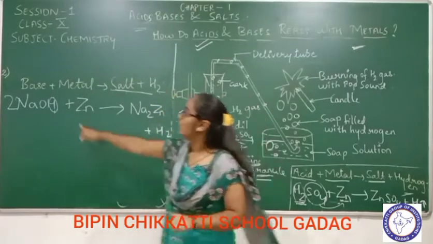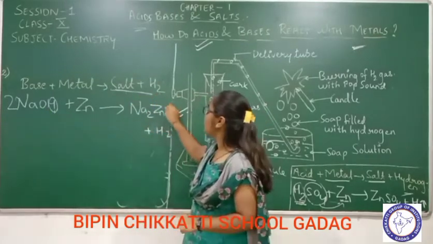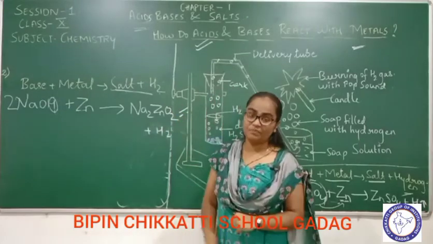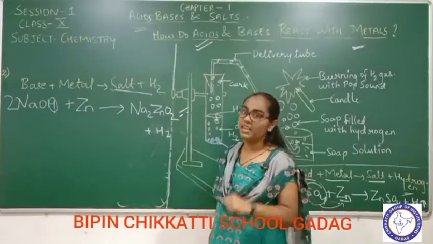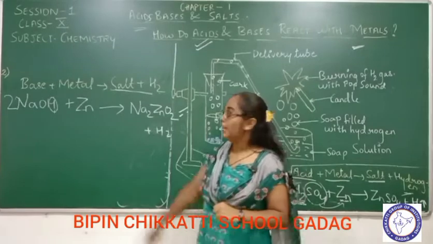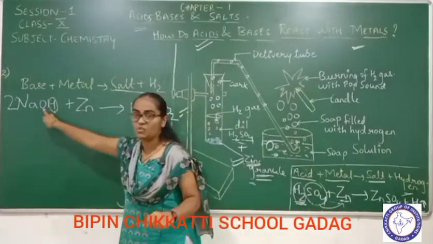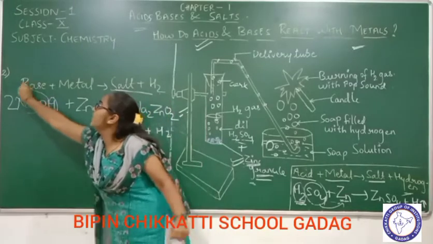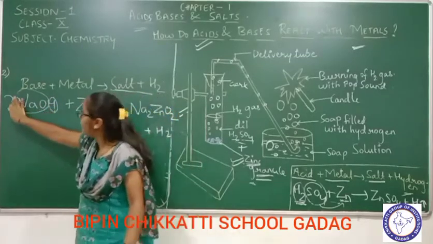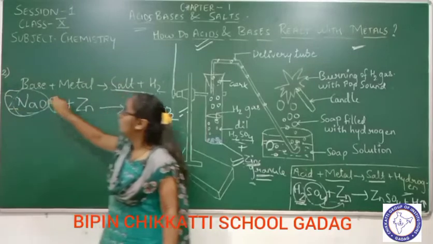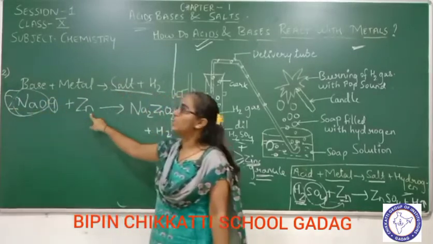Along with that, how many oxygens? 2 oxygen. So this is sodium zincate. How does the sodium zincate form? The 2NaO will react with the zinc.